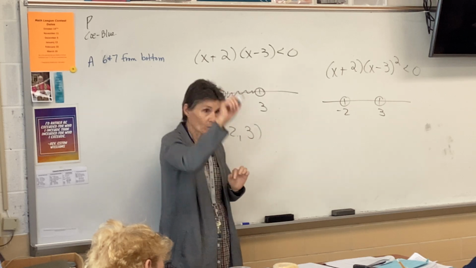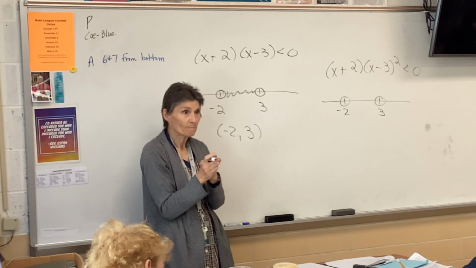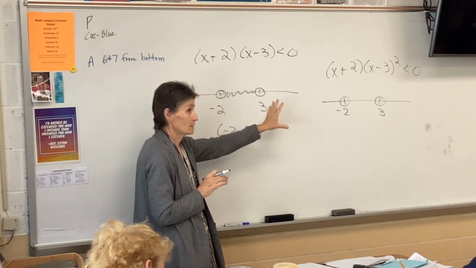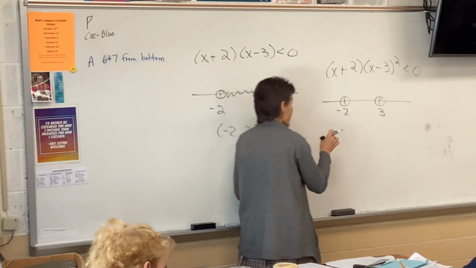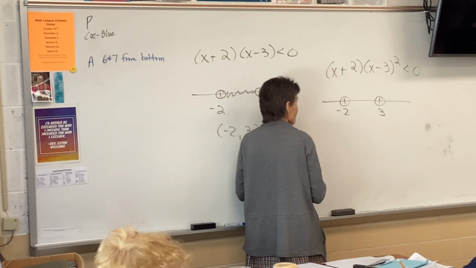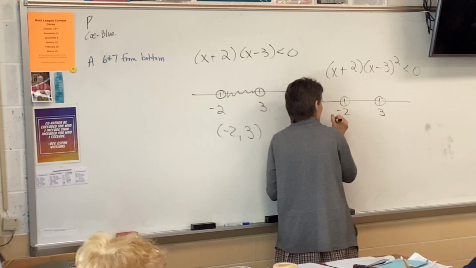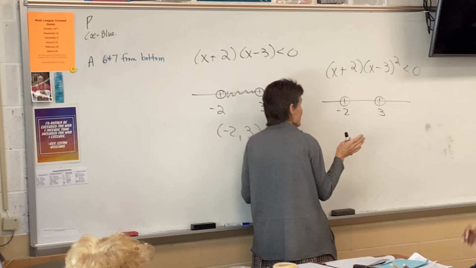Remember how when we were graphing them, the square made a difference in the picture? Well, it's gonna make a difference here. Alright? So, in order to know where to shade here, you are going to have to check a number in each spot. Now here's what I mean.